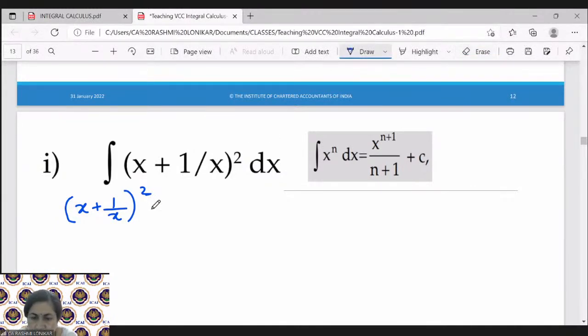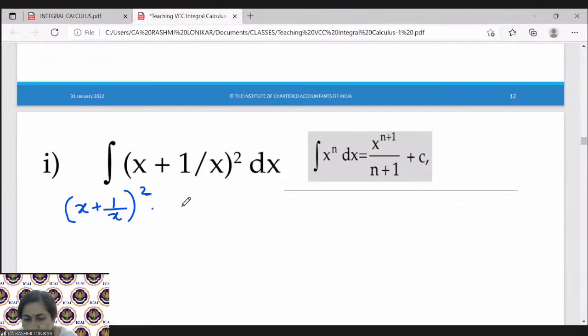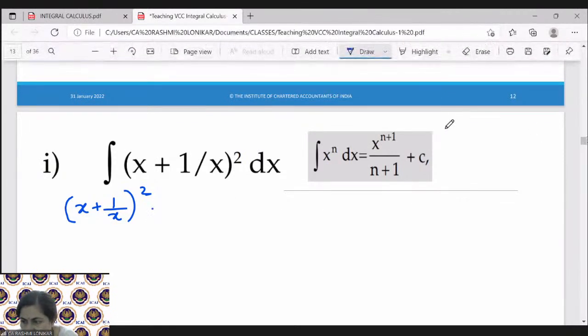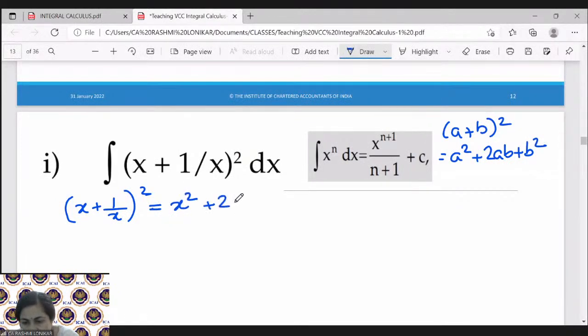Okay. So, what is the formula? Which formula am I using? a plus b whole square. a plus b whole square is a square plus 2ab plus b square, right? All of us know this. So using this formula, what do I have? x square plus 2 into x into 1 upon x plus 1 upon x the whole square.